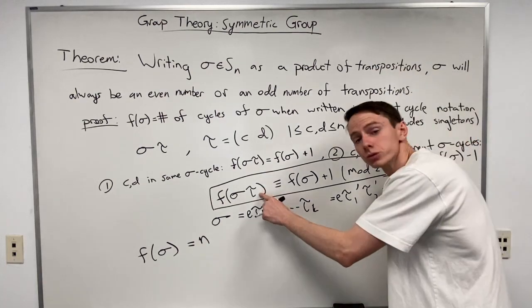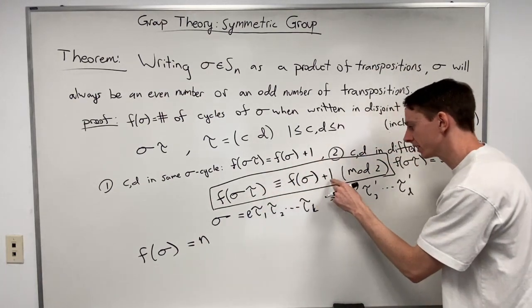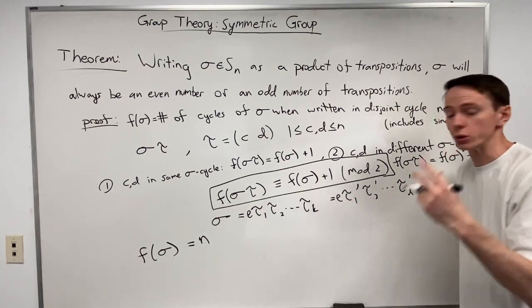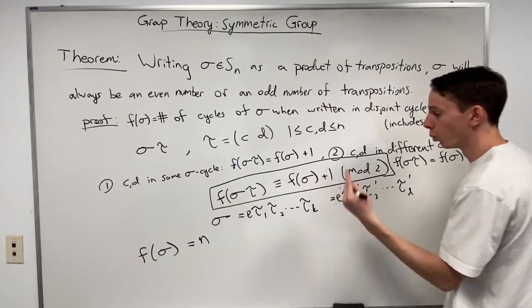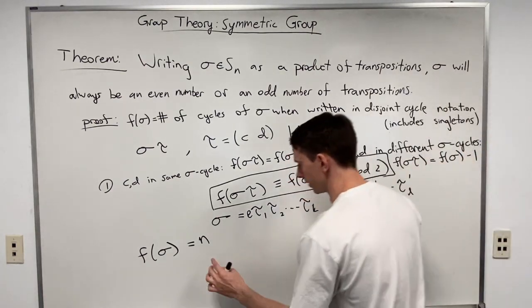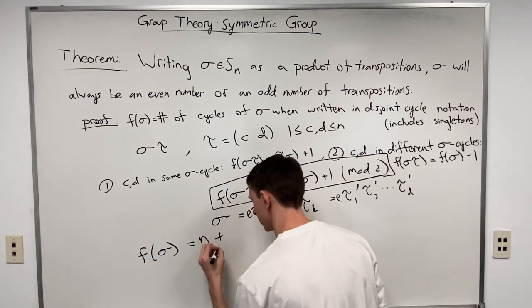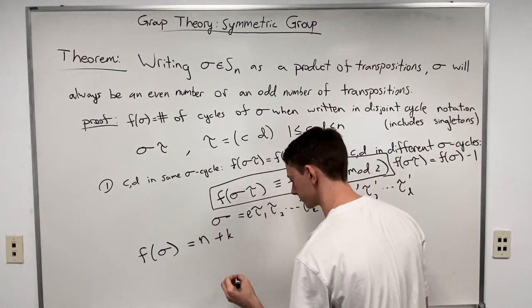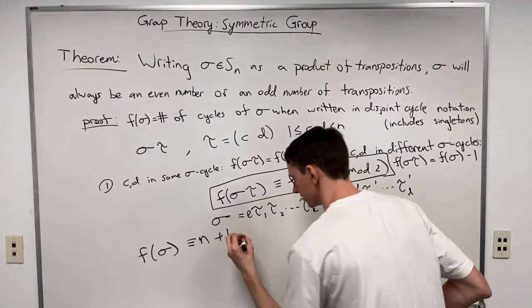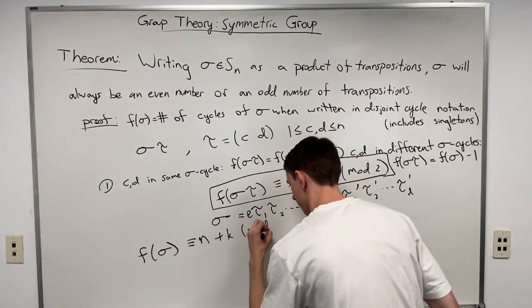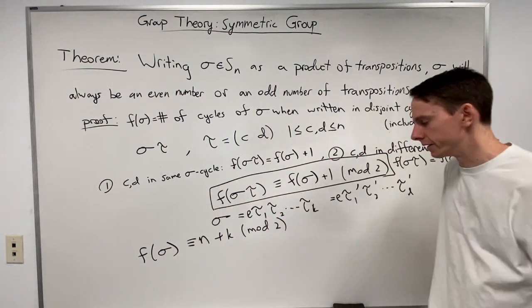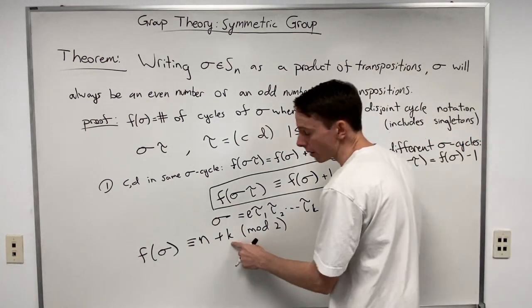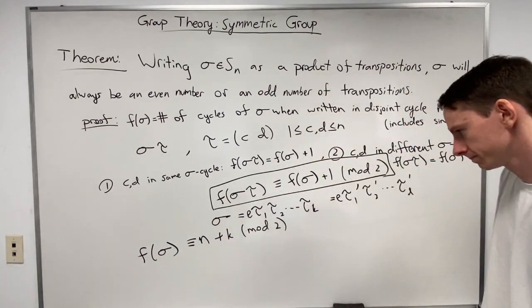For every individual transposition, we are adding the number 1 mod 2, or changing the sign one time. So if we have k of these, we're going to have n plus k, congruent to n plus k mod 2. In English, this just means that we are swapping the sign k different times.